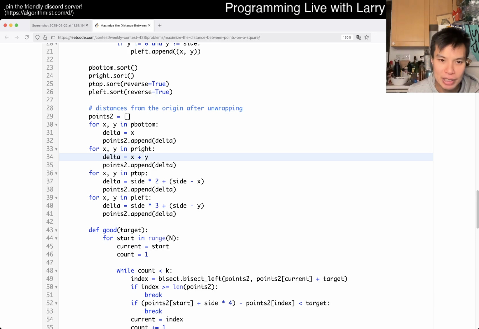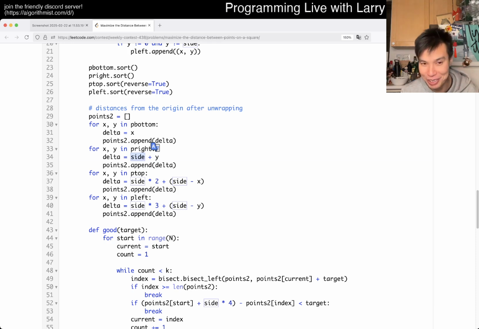As a result, this is side plus y. I had x plus y, but because x is equal to side, that's why it looks that way. Even though it's very confusing, this is one of those things where, if you wrote code in that way, it makes it more unreadable. Not that you couldn't reason it out, but even though they mean exactly the same thing, this is an example of something more difficult to read.